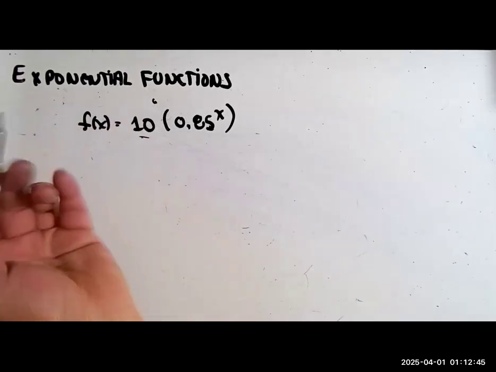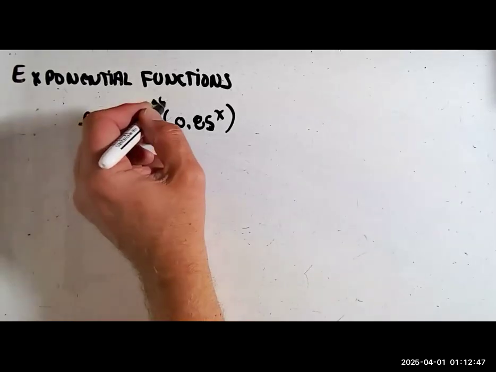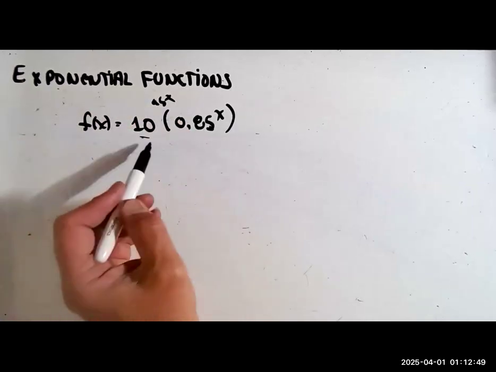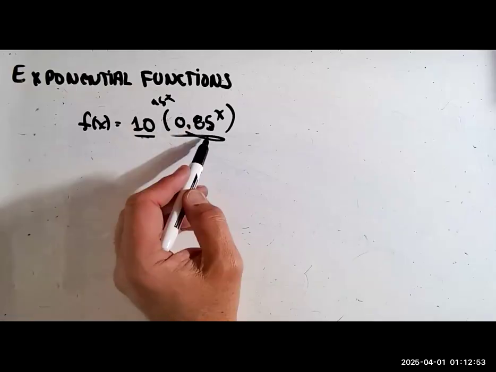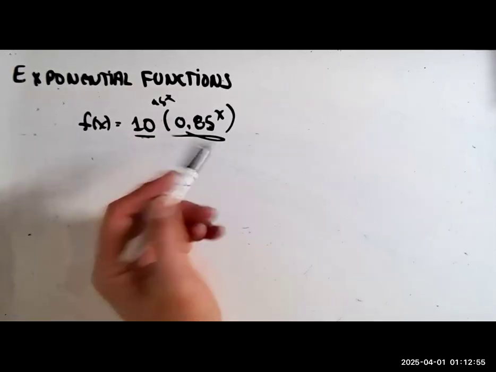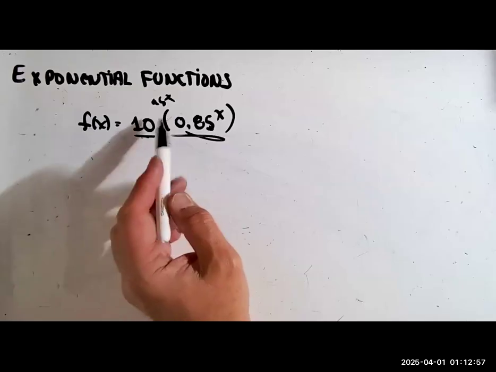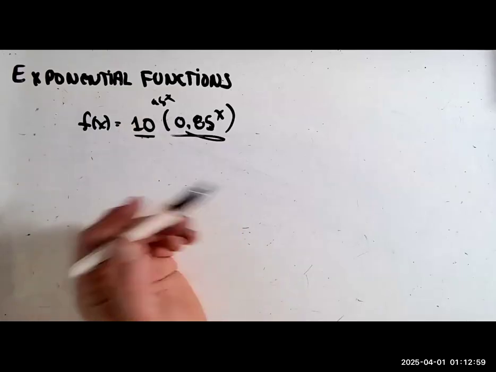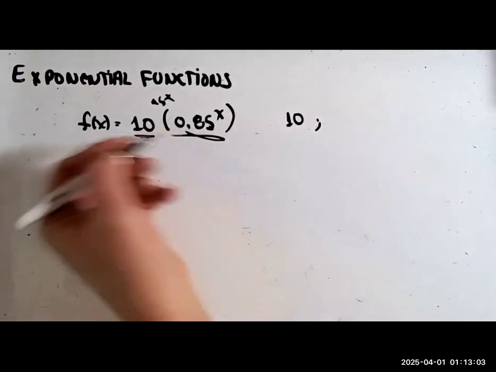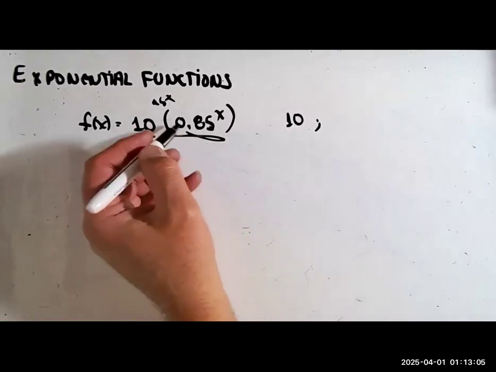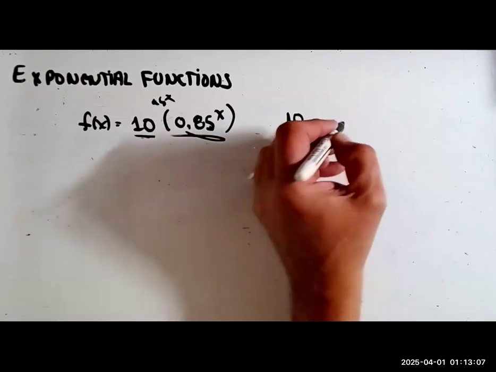First of all, I know it's an exponential because it's ab to the x. So this is a, this is b. The base 0.85 is a decimal fraction between 0 and 1. So of course, it's an exponential decay. We start with $10 or 10 something, and we are decaying at what percent?